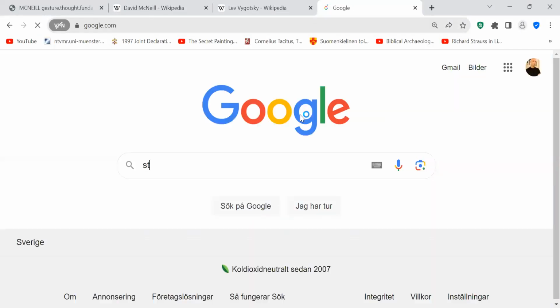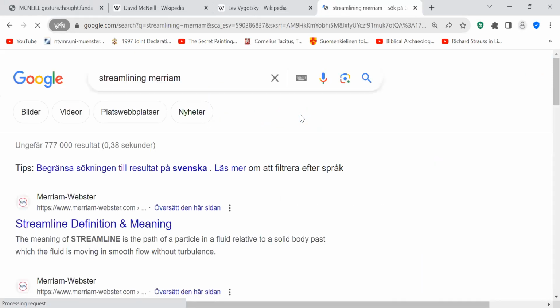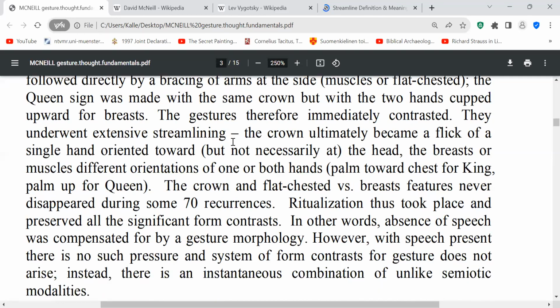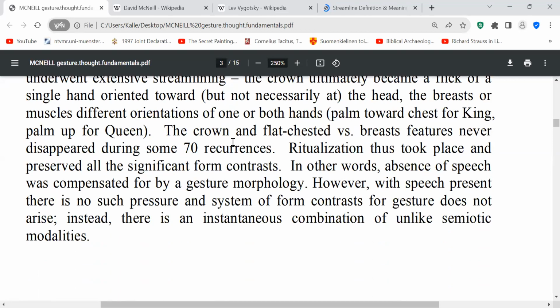Streamlining of a single hand oriented toward, but not necessarily at, the head. The breast or muscle, different orientations of one or both hands: palm towards chest for king, palm up for queen.